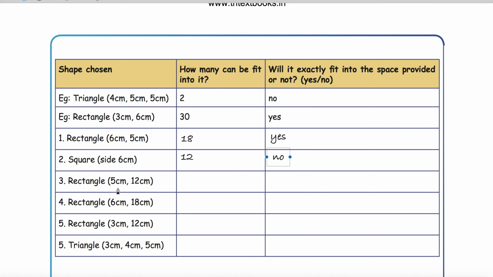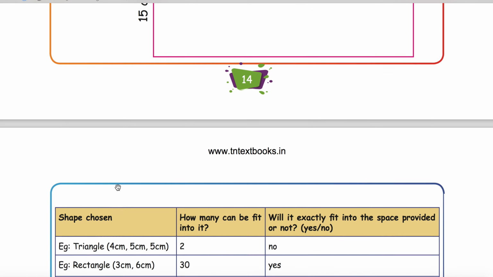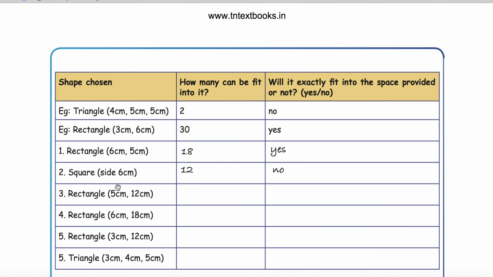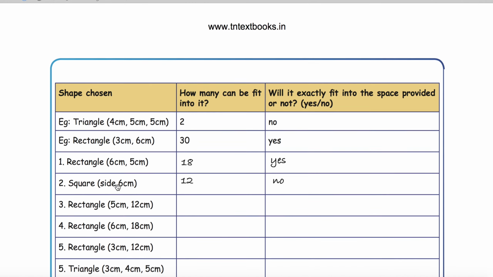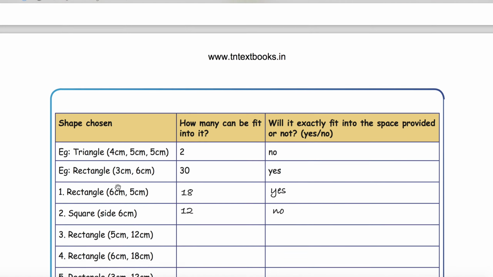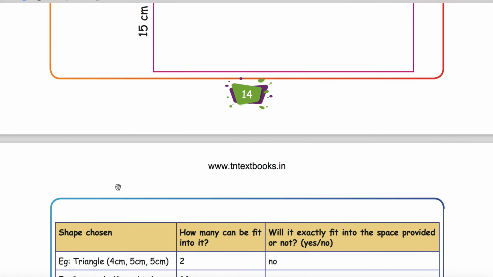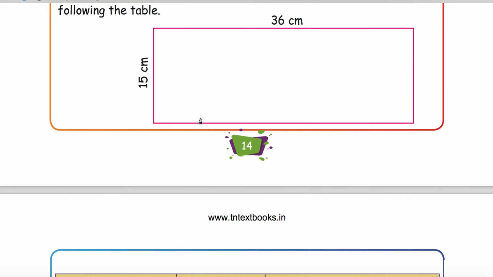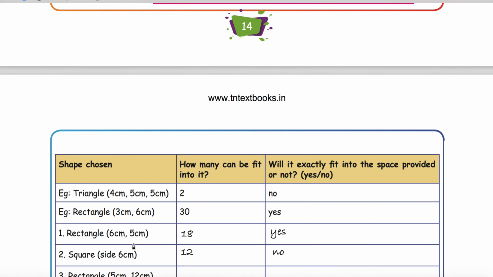Rectangle 5 cm and 12 cm. If 5 is length, I'm sorry, we cannot use it. If 5 is breadth, that is fine.